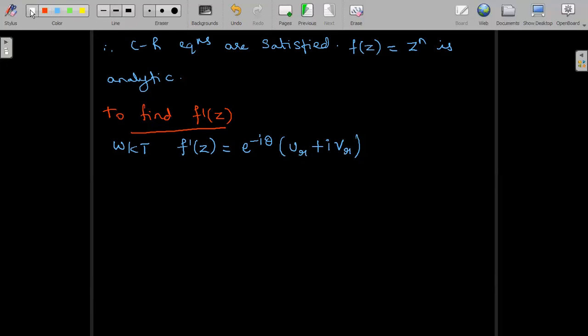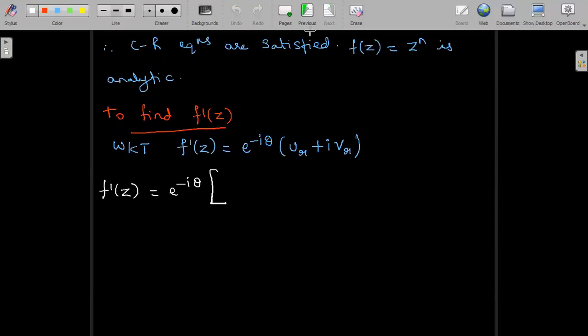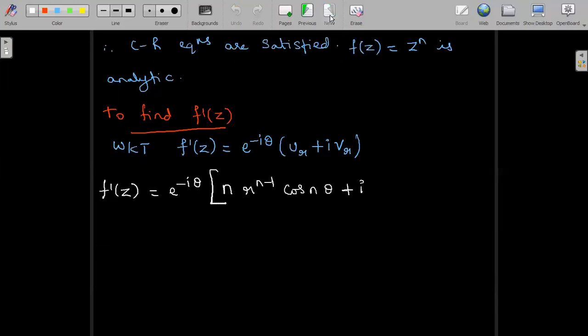Let us substitute both the partial derivatives ur and vr. ur is n r power n minus 1 cos n theta, plus i into vr, and the vr expression is n r power n minus 1 sin n theta. So now we have substituted ur and vr.